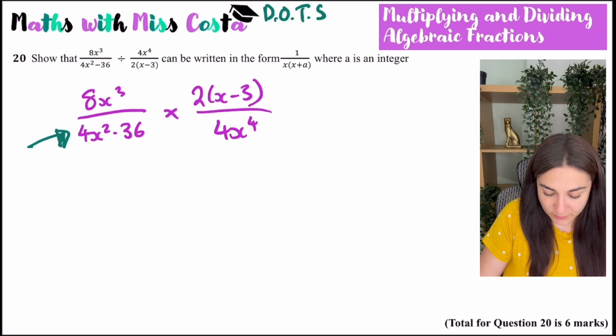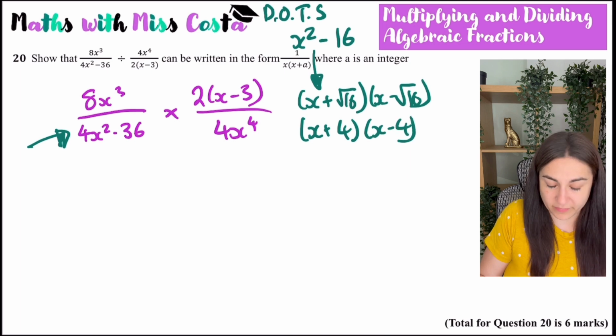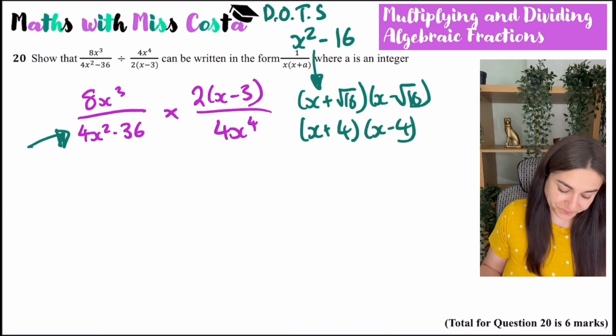The difference of two squares is literally where you have a square number, x squared, minus another square number. And the way the difference of two squares factorizes, it's always going to be x plus the square root of 16, x minus the square root of 16. So essentially x plus 4, x minus 4, the square root of whatever your number is.